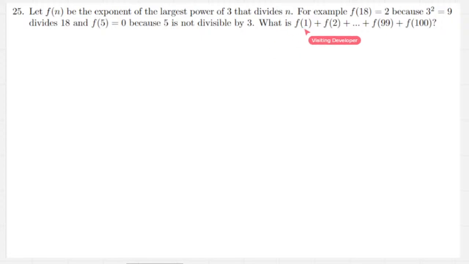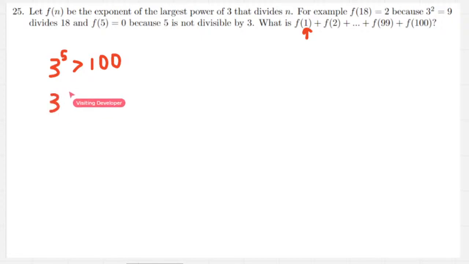So instead of looking at the n that goes into each function, we can instead look at the powers of 3 that go into the numbers from 1 to 100. So we can start from the largest power of 3 that divides any number from 1 to 100. And you can see that 3 to the 5th power is greater than 100. So we don't have to consider any power of 3 greater than 3 to the 5th.